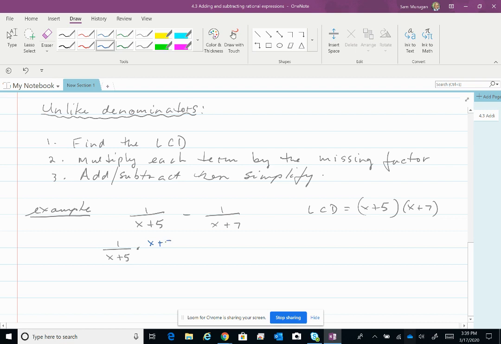So x plus 7, x plus 7, minus that 1 over x plus 7, and the missing factor is now x plus 5. So we multiply both numerator and denominator by x plus 5.